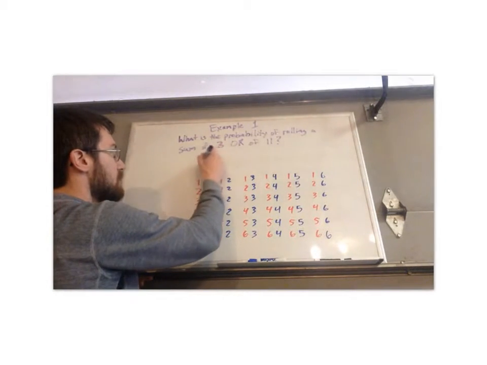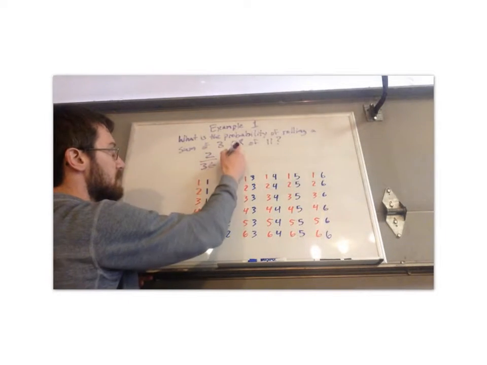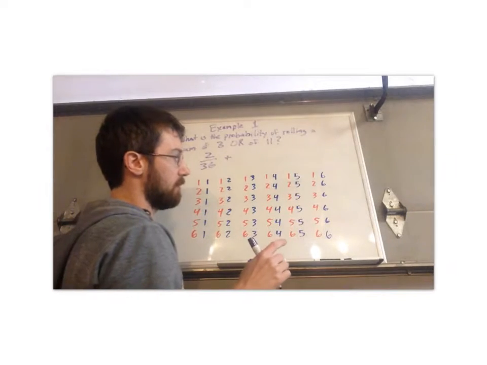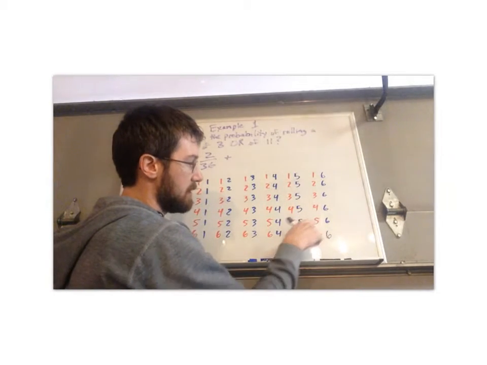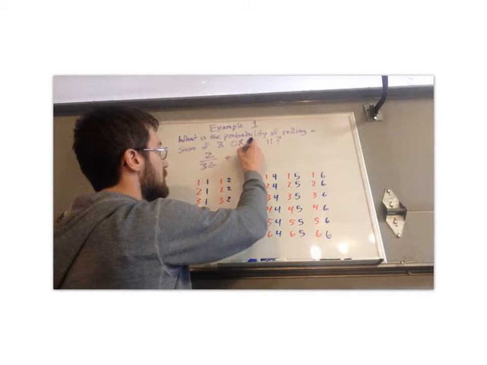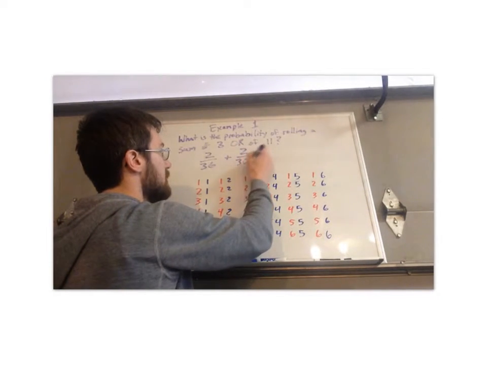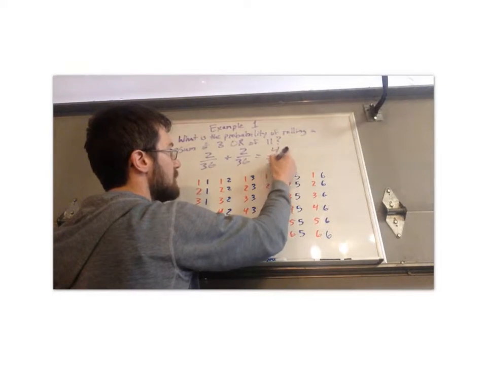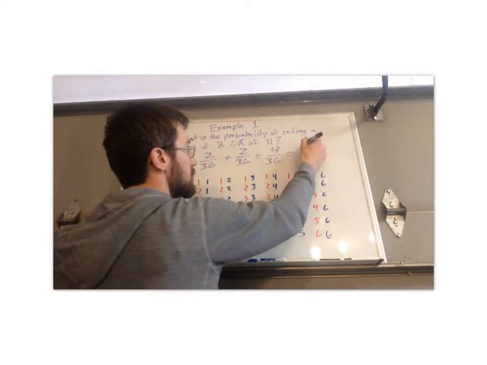So that's going to be 2 out of 36 for rolling a sum of 3. And then the probability of rolling an 11, that's 2 of them as well, 6 and 5 and 5 and 6. So that's another 2 out of 36. When you add those, that's 4 out of 36, which would reduce to 1/9.